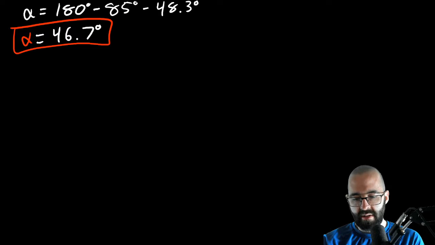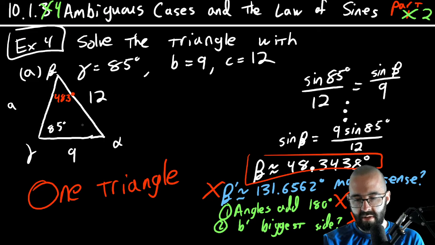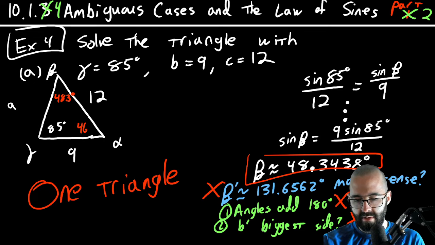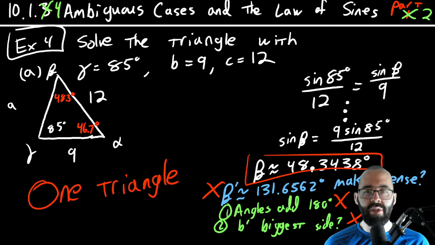Or you can fill it in just like so. I already forgot it. 46.7. If you thought beta prime existed and you tried to find alpha prime, you'd get a negative number. All right, all that's left is using this 46.7. And again, it's best to use more digits.